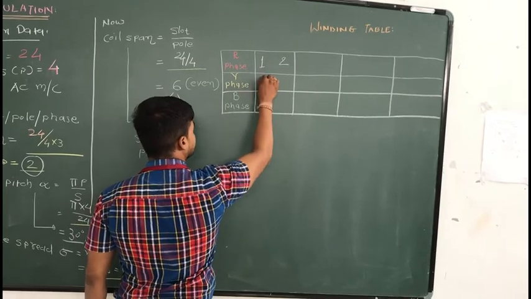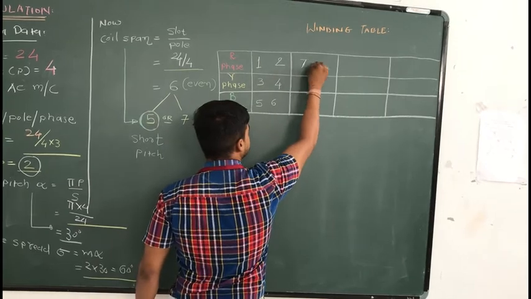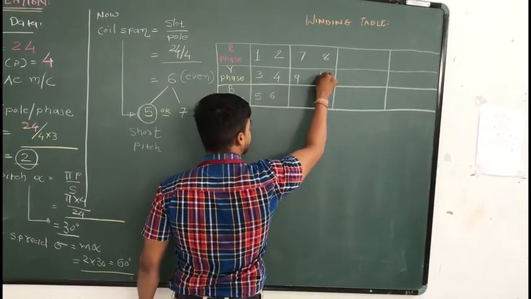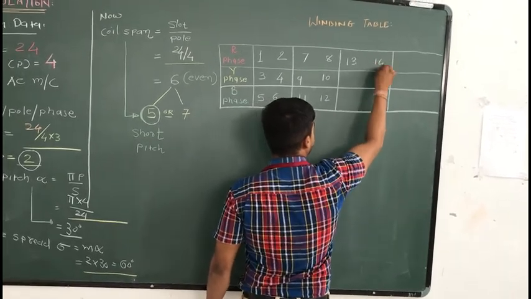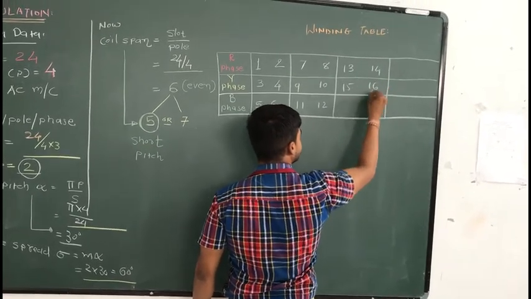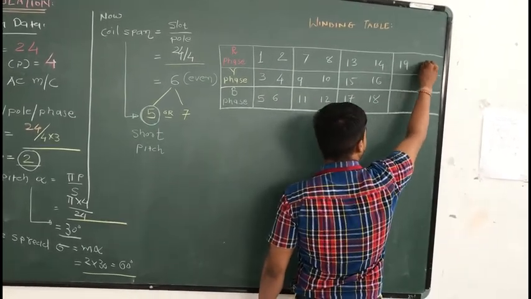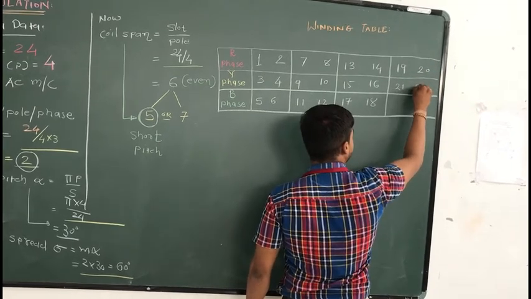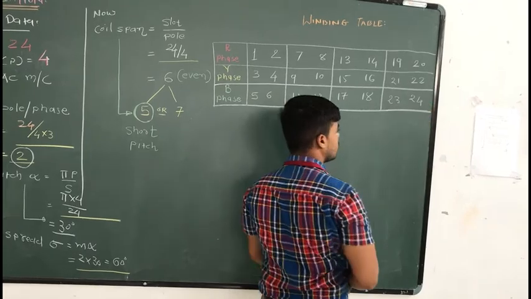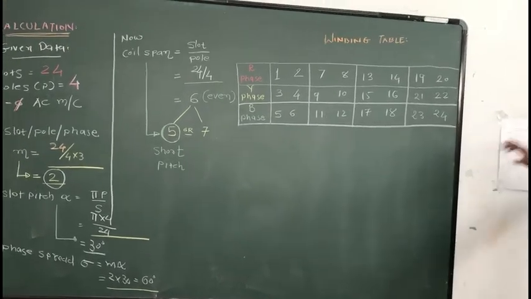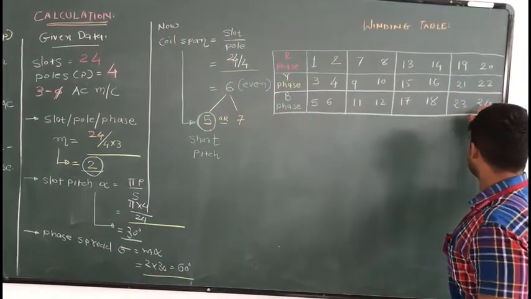So 1, 2, 3, 4, 5, 6, 7, 8, 9, 10, 11, 12, 13, 14, 15, 16, 17, 18, 19, 20, 21, 22, 23, 24. So all the conductors are covered over here from 1 to 24.